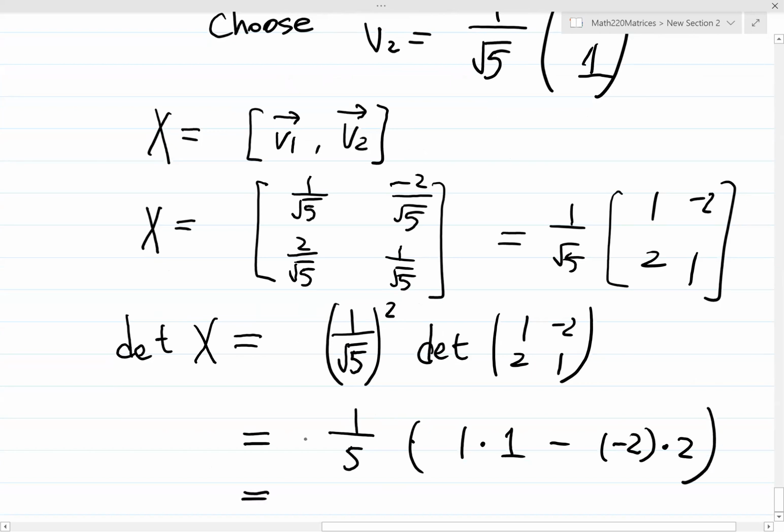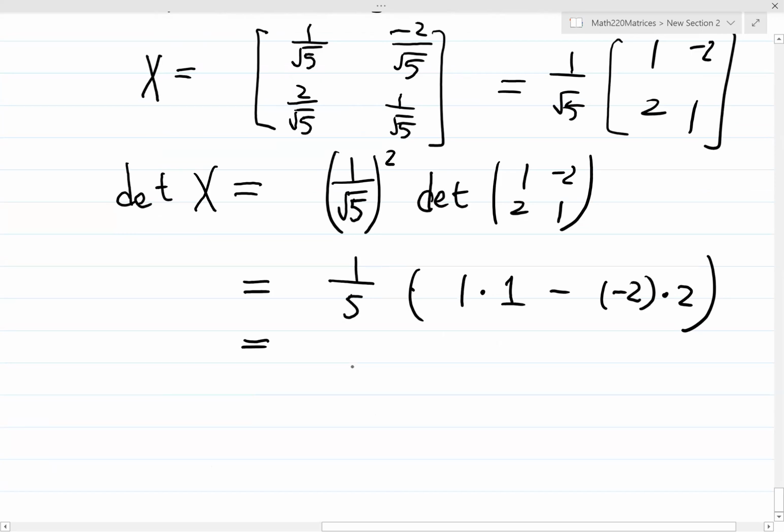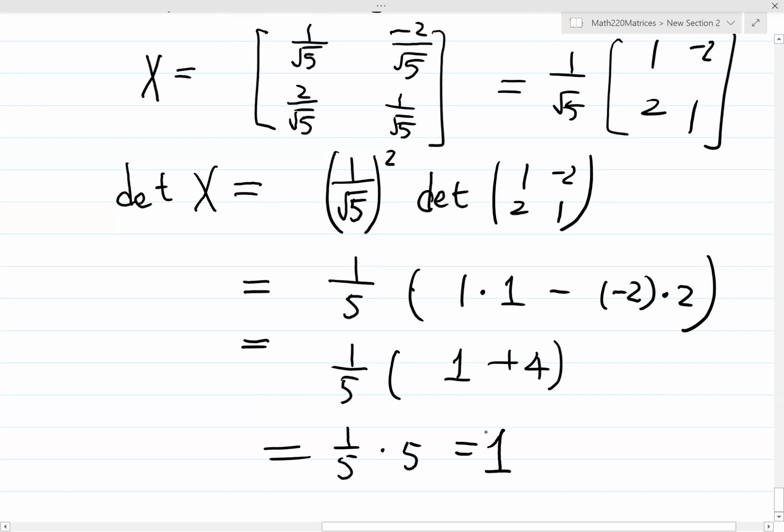So this is 1 over 5 times 1 plus 4, which is 1 over 5 times 5. So we get 1. No surprise that the X matrix has determinant 1.